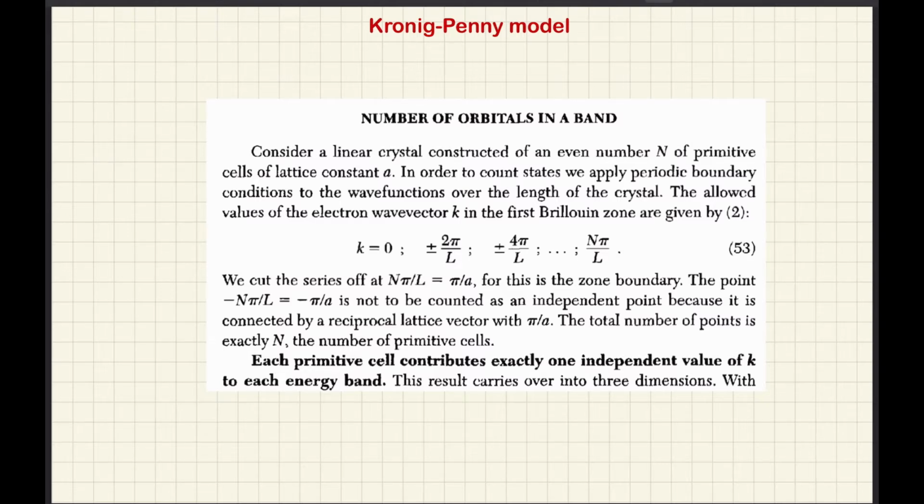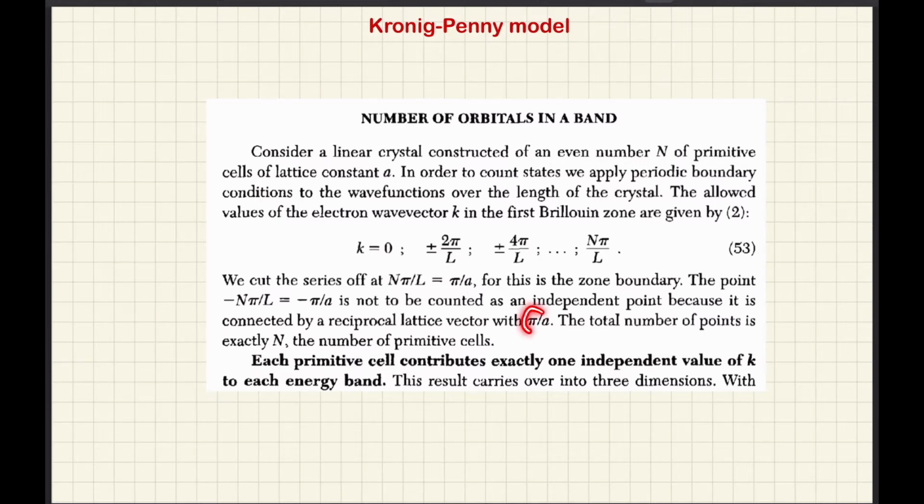We can always map motion from another Brillouin zone to the first Brillouin zone. While discussing the vibration of lattice, we have seen k' can be written as k plus 2π/a, which is a reciprocal lattice vector.